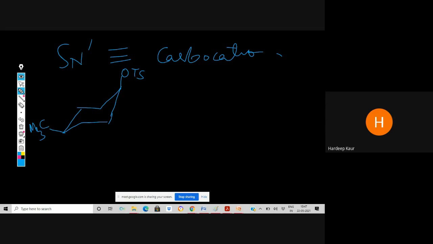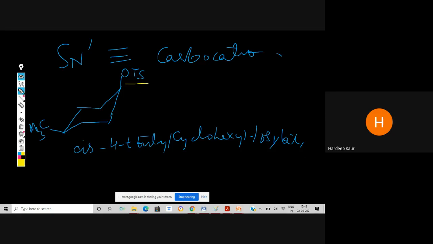So this is your cis 4-tertiary-butylcyclohexyl tosylate. So this tosylate is basically a leaving group. ठीक है? So in this case we put it at the axial position. Okay? So this is cis conformation.